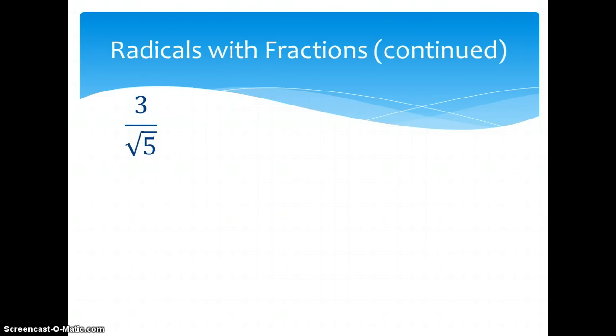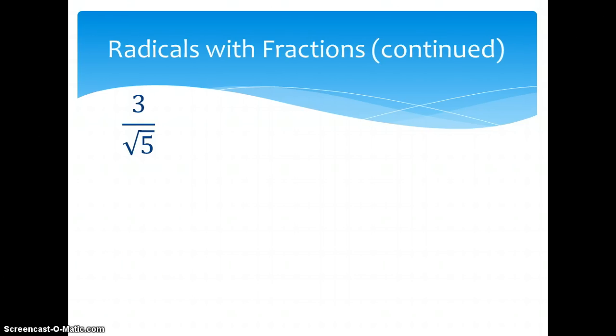The last piece we need to talk about with division is this idea of rationalizing the denominator. If you remember, rational numbers were numbers that can be written as fractions.